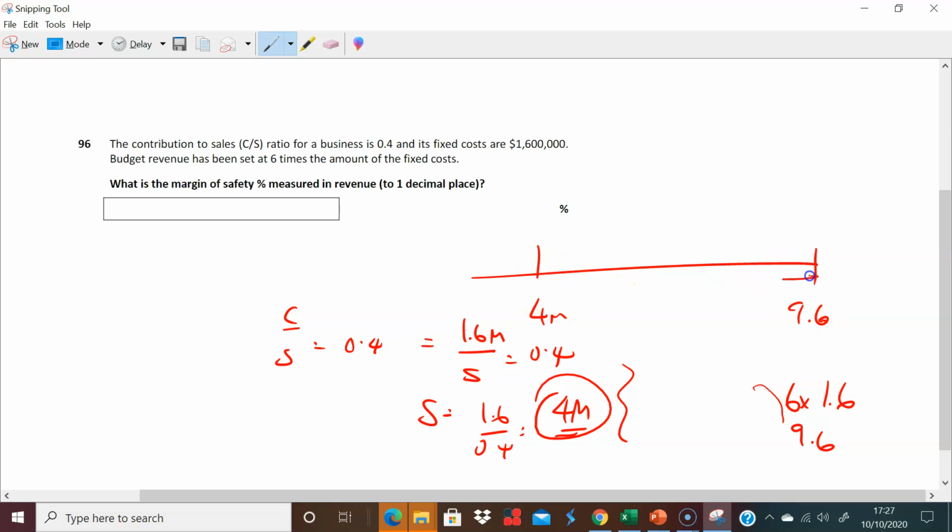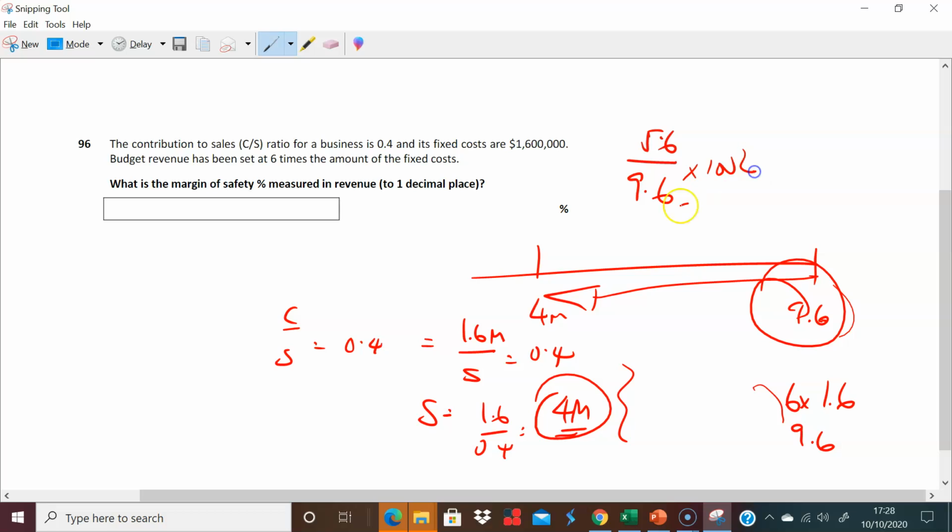So I'm basically saying revenue can fall by 9.6 minus 4, which is 5.6, before we hit break even. So I'll take that as a percentage of the budget times 100%, and you arrive at 58.3, and that's your margin of safety.